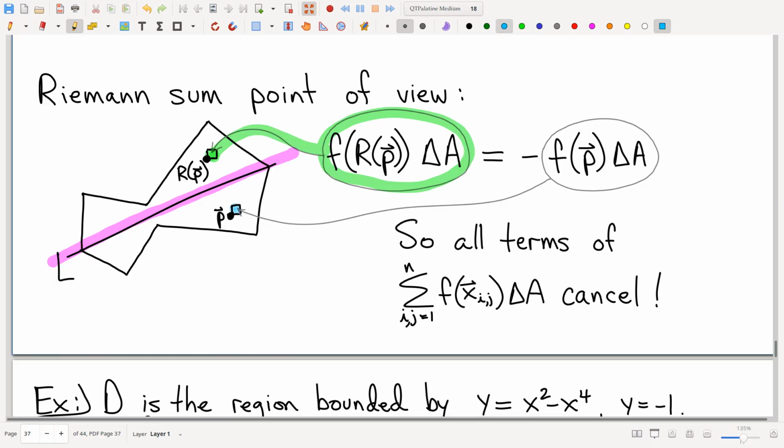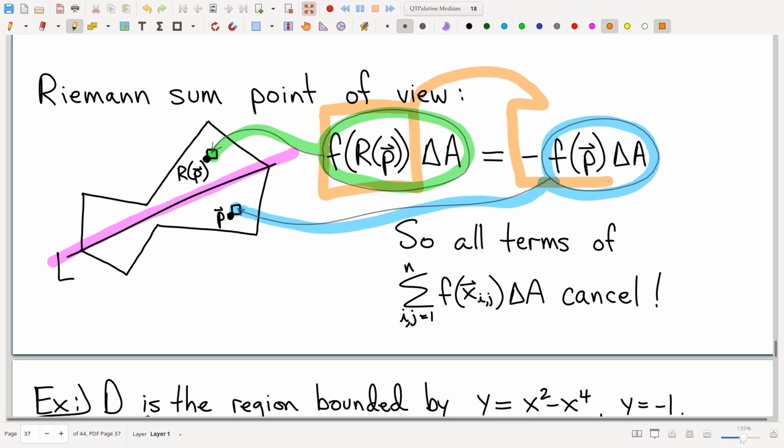This little piece of the domain, its reflection, there is a corresponding term in the Riemann sum. And wait a second, but this is an odd function. Being an odd function, I know that this is true.